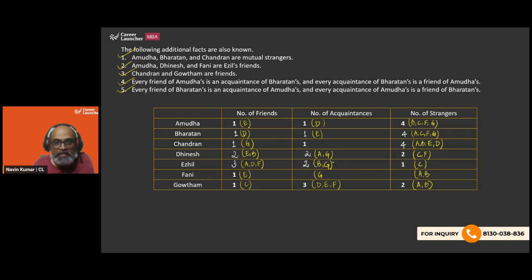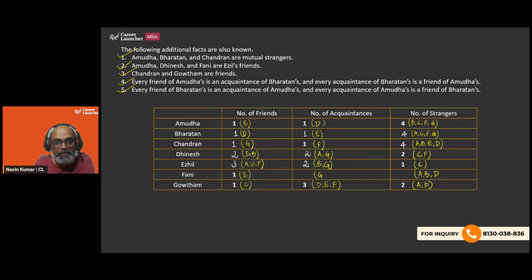Also, since we have written that Dinesh, C and D are strangers, we also see that D and F are strangers. That means beside F, we are supposed to write D. So F is strangers with A, B, and D. Now, the leftover person who is an acquaintance, we can see A, B, C, himself, D, E, F is missing.